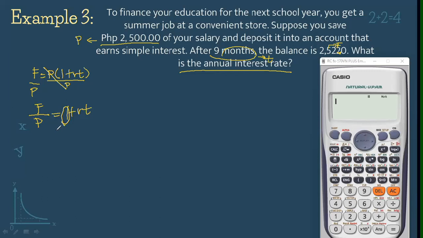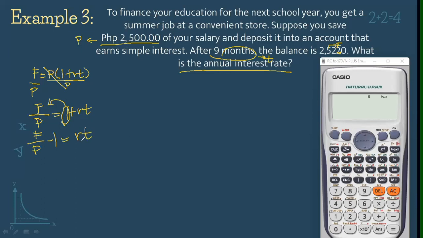Ngayon po dahil may 1 po dito, kailangan po natin ilipat po siya sa kabila or we need to transpose. But the more appropriate term for that is the subtraction property of equality. That will give us F over P minus 1 is equal to RT.